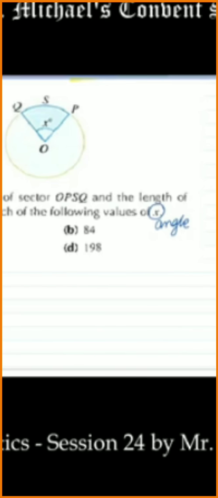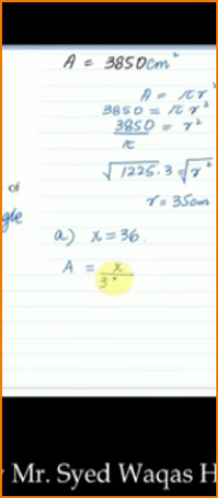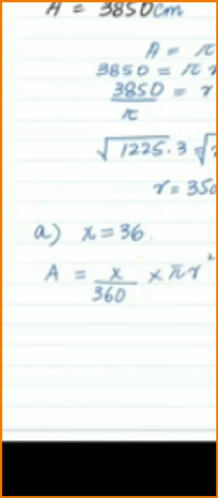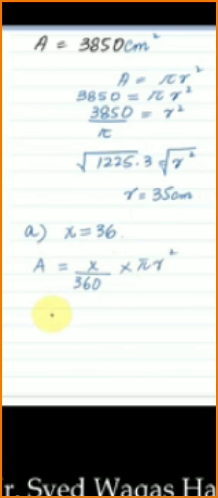For part A, the value of x is 36, right? You need to find the area and arc length. So first, the area of a sector is angle divided by 360 multiplied by pi r square. First we write down the working formula. Now substitute values.